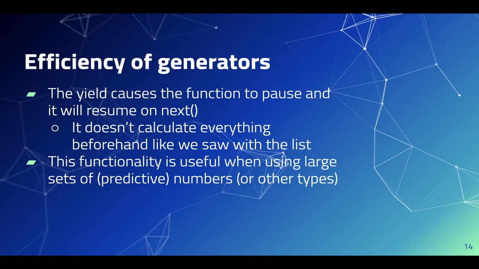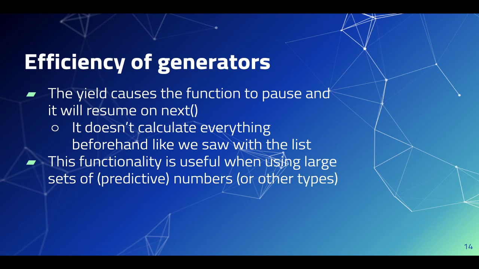And let's talk about the efficiency of generators. Generators are super efficient when you're dealing with large collections. If you're dealing with 10 million numbers, millions of numbers, using generators wherever possible is the best way.